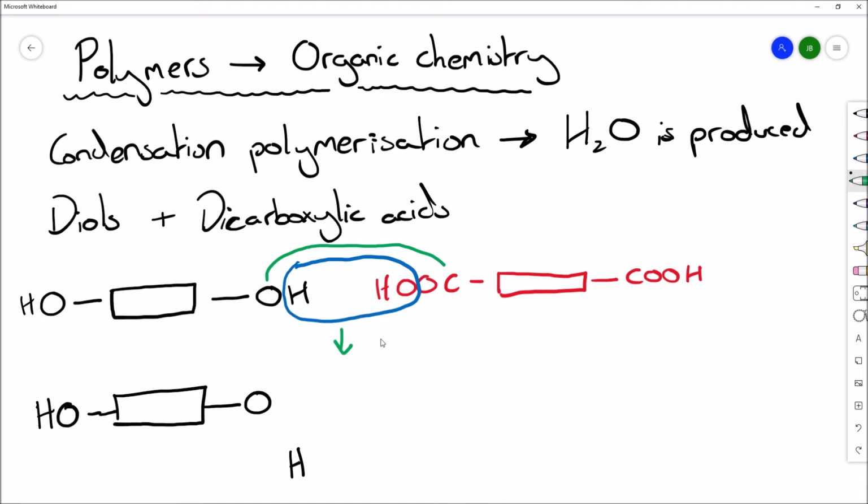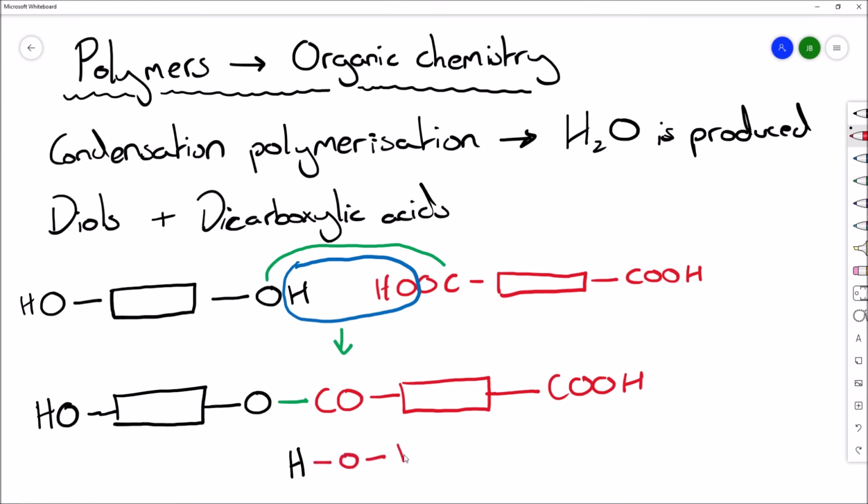Oh, let's do a green bond so you can see where the bond is. And then this H comes off, and this O comes off, and we've made H2O, water.